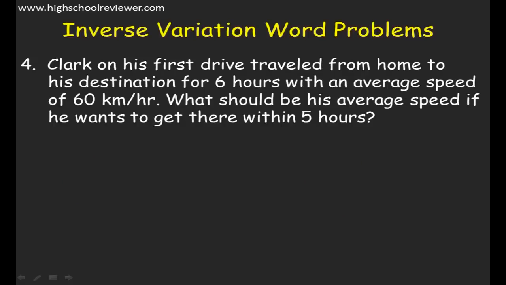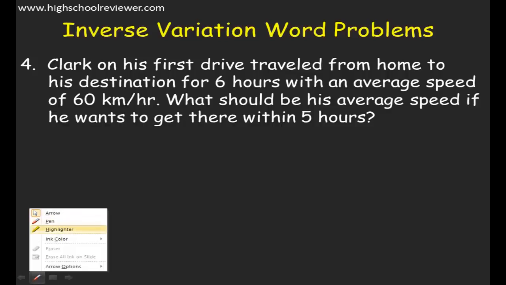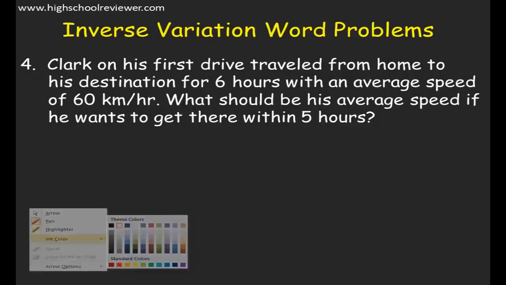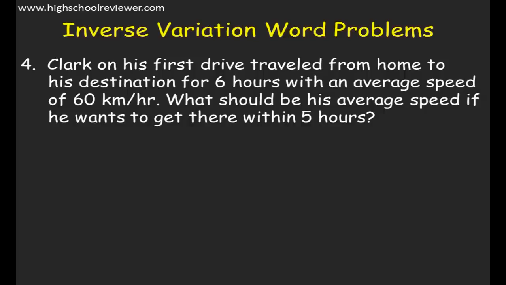Problem number 4. Clark on his first drive traveled from home to his destination for 6 hours with an average speed of 60 kilometers per hour. What should be his average speed if he wants to get there within 5 hours? So first, we need to represent y as the number of hours, and we need to represent x as the average speed.